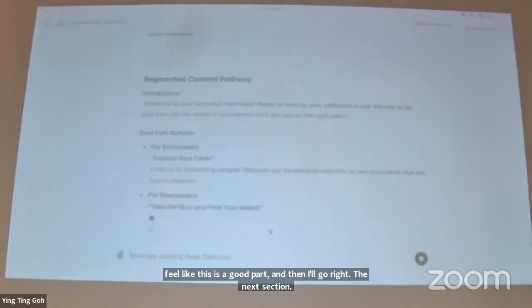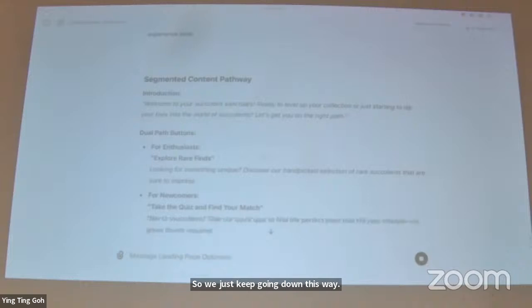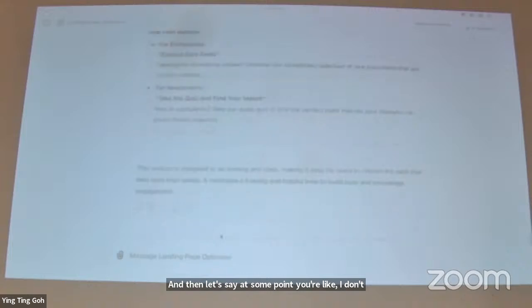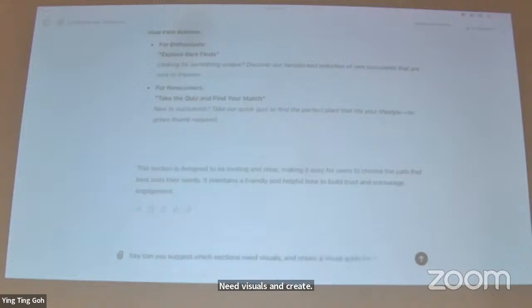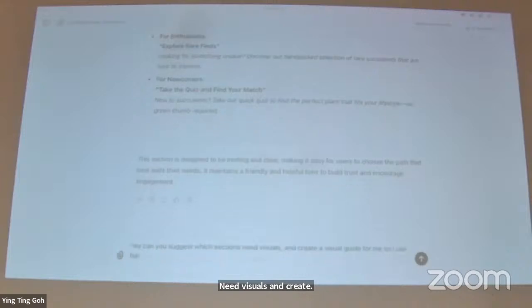And then let's say at some point you're like, I don't know which sections need visuals. You can also say, hey, can you suggest which sections need visuals and create a visual guide for me so I can narrow down on images.